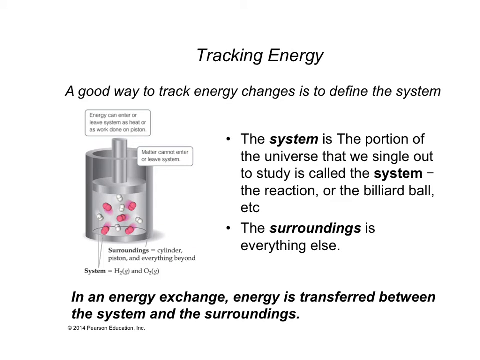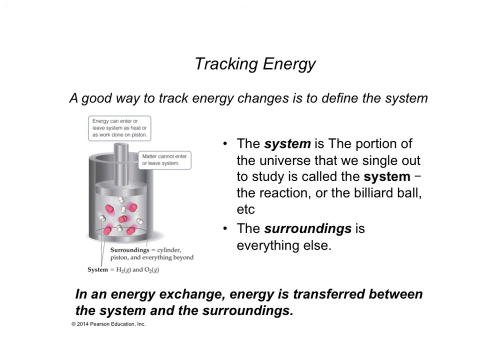Okay, so with respect to energy changes, sometimes it gets confusing whether or not energy has been created or destroyed, right? So what we utilize when we are tracking energy is a system called the system and the surroundings. Okay, so the thing that we are interested in an energy exchange is what we call the system.